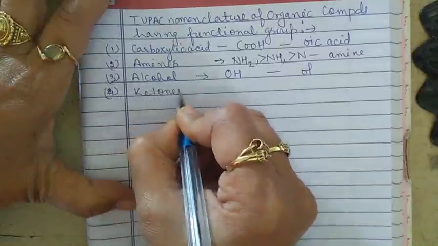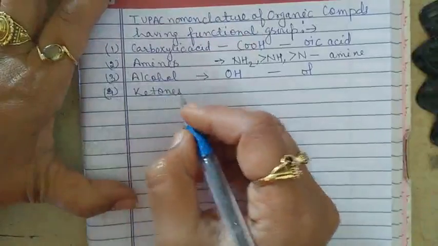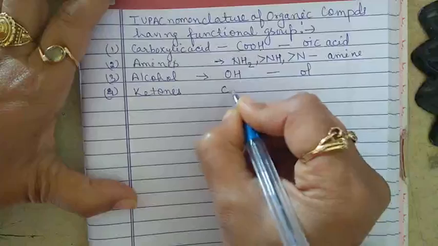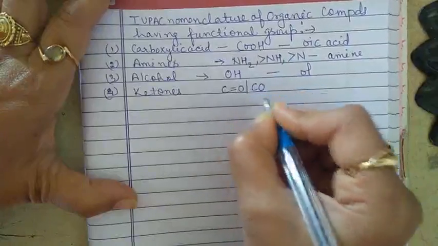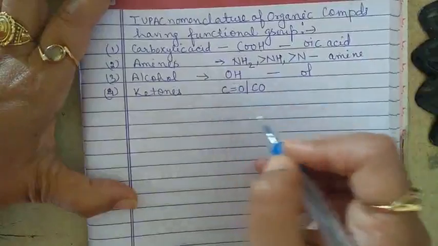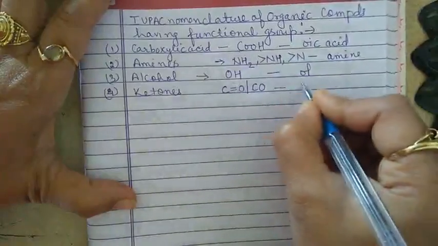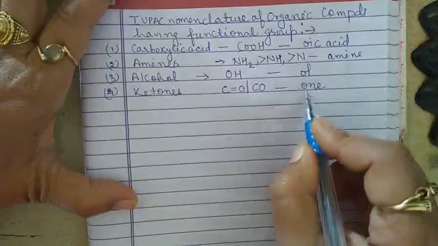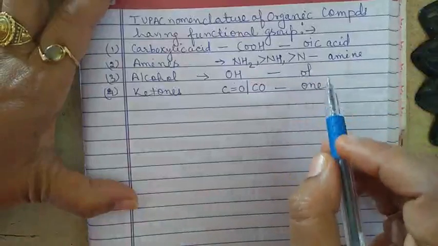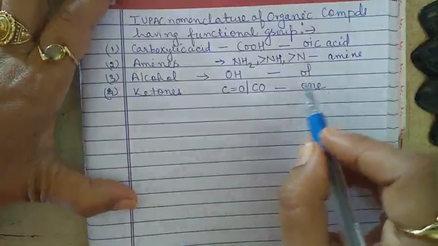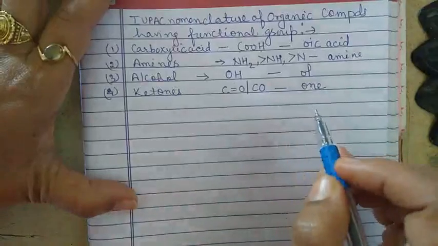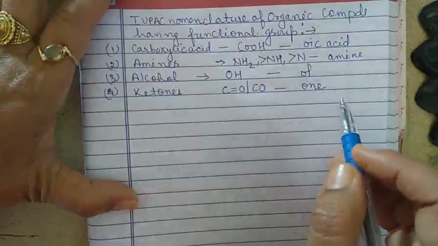If the ketone is present as a functional group, it is C double bond O, or sometimes written as only CO. For that the suffix is one, pronounced as on. That is ketone, propanone, pentanone, butanone.